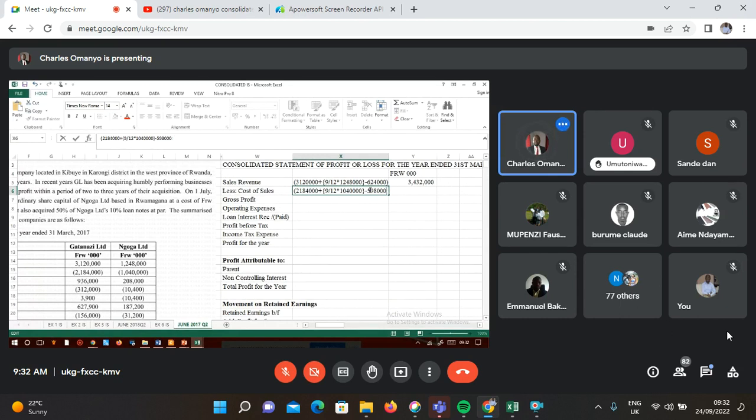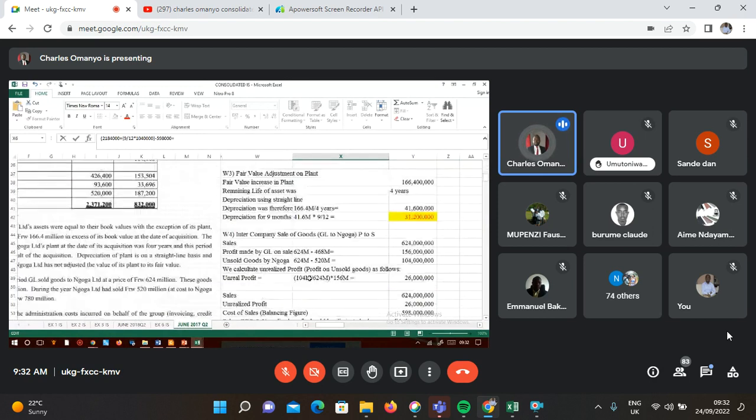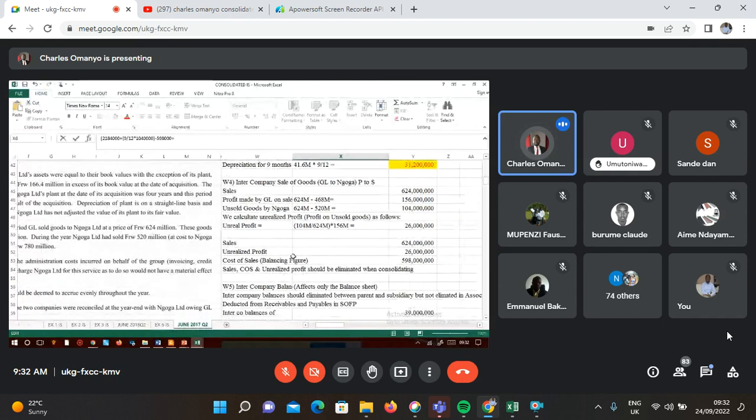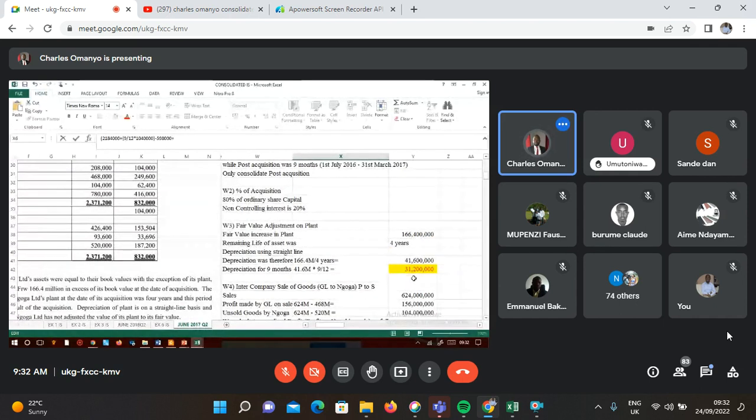And then there was fair value adjustment, depreciation undercharge. You remember the depreciation that was understated. You add the depreciation undercharge. The depreciation that was understated, where was it? Under fair value adjustment: 31,200.